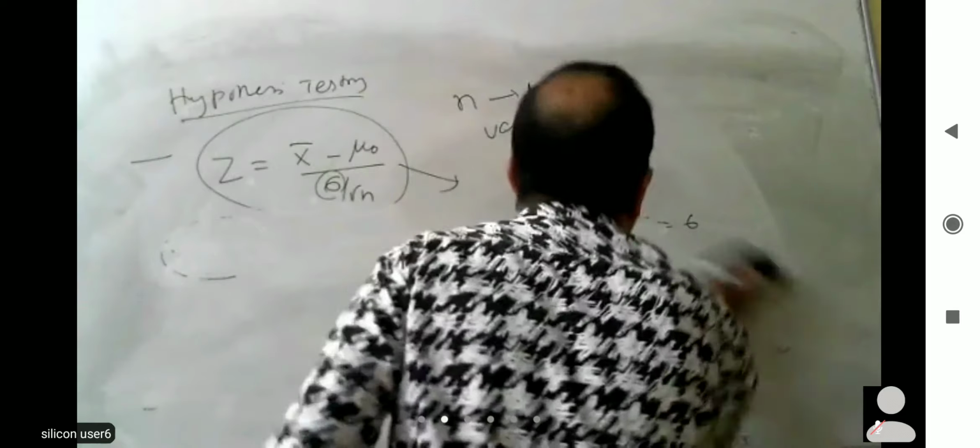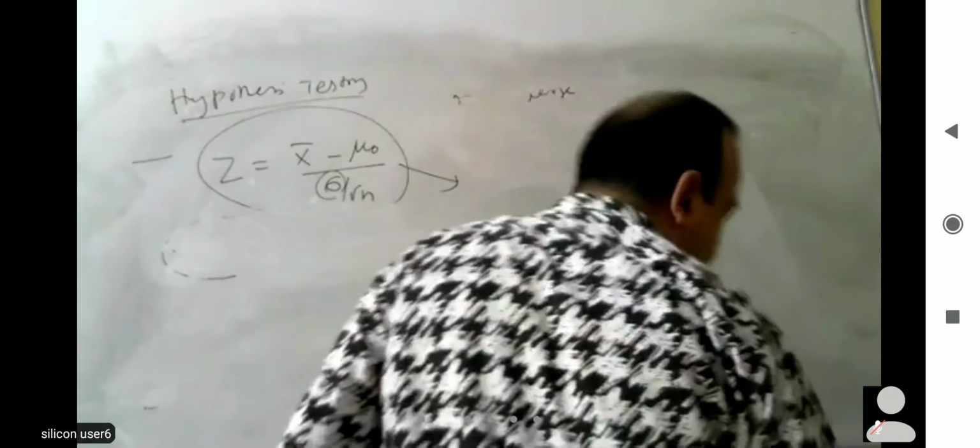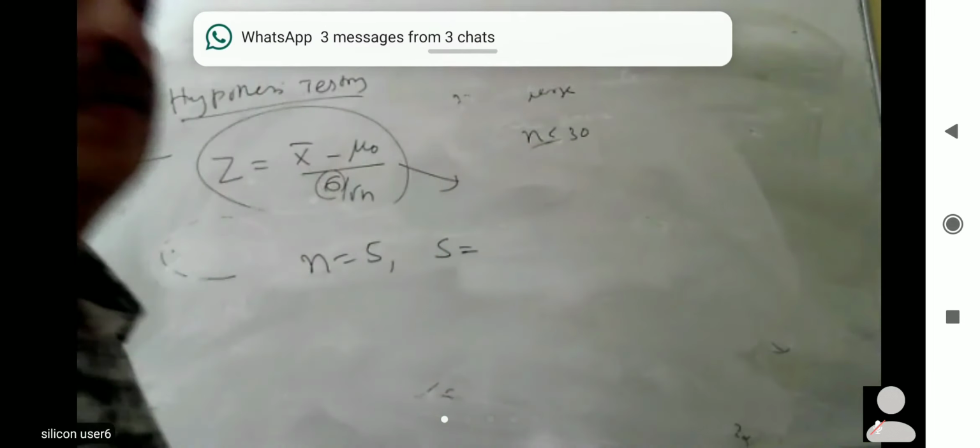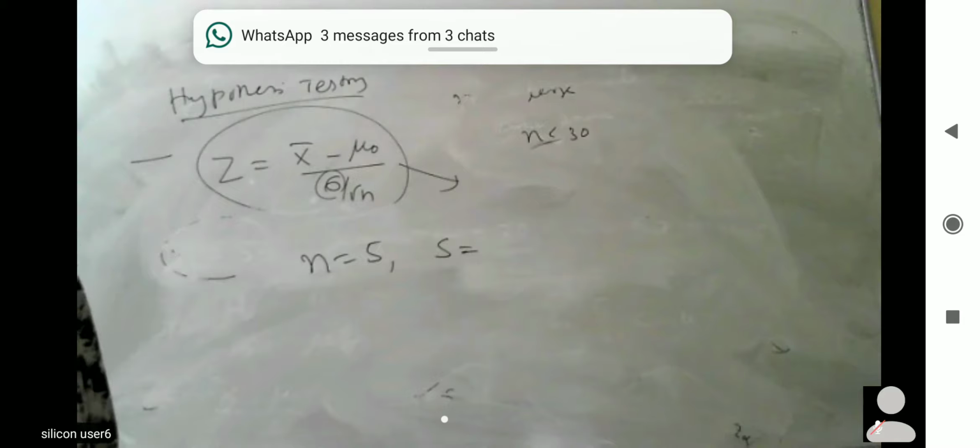Similarly, if the sample is very small, generally it is assumed that n less than or equal to 30, we take the t distribution. Clear? Suppose you have n equal to 5 and the sample variance is given, meaning the variance is unknown.